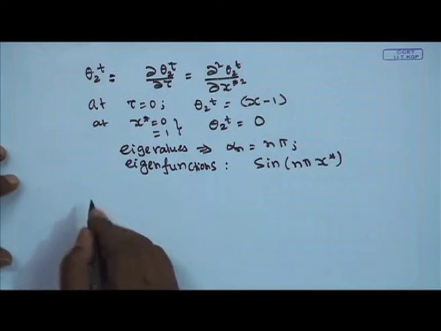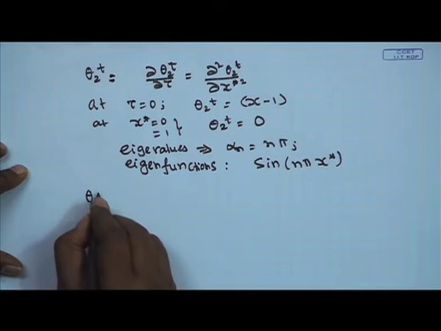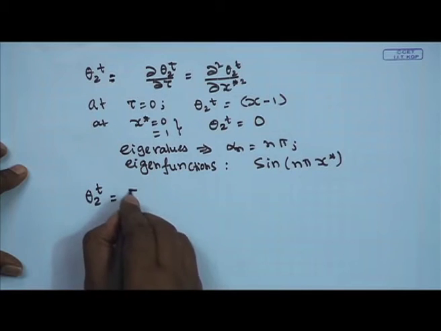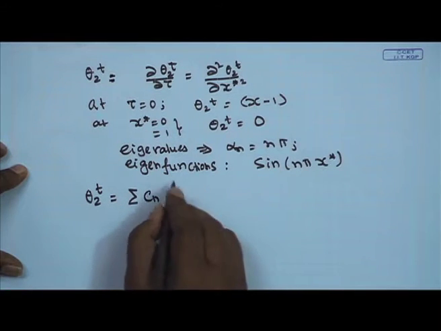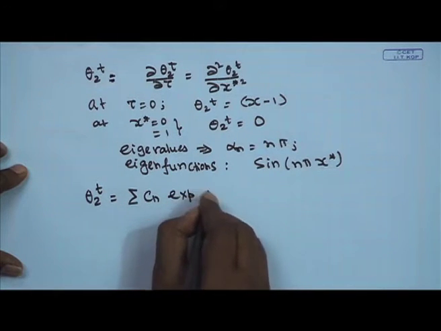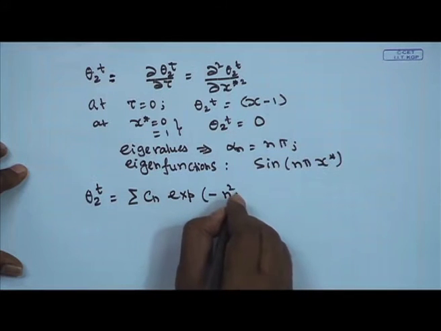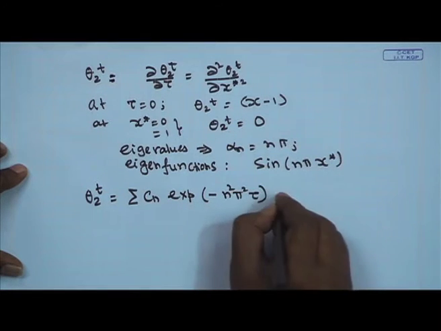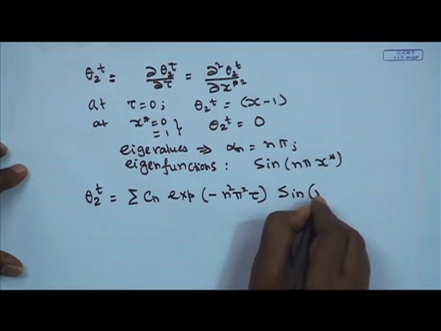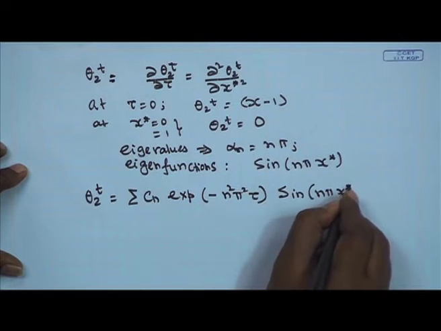So if you look into the final solution, theta 2t will be summation Cn exponential minus n square pi square tau sine n pi x star.